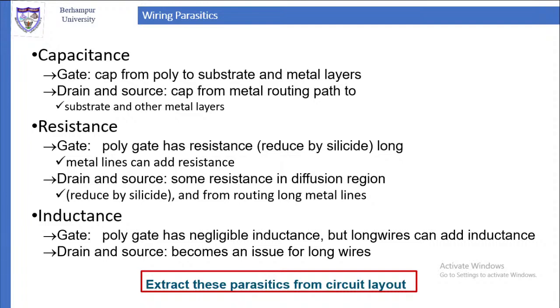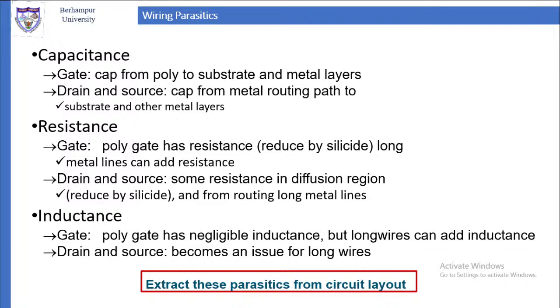Then from where do you get the resistance? For the gate, the polygate has resistance. This is reduced by silicides that we use in the fabrication of MOS. Silicides are used for the oxidizing process.